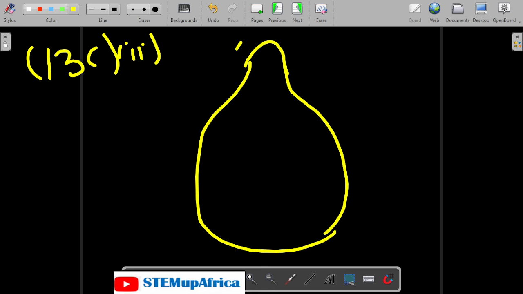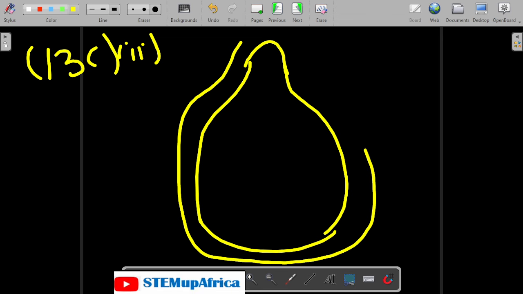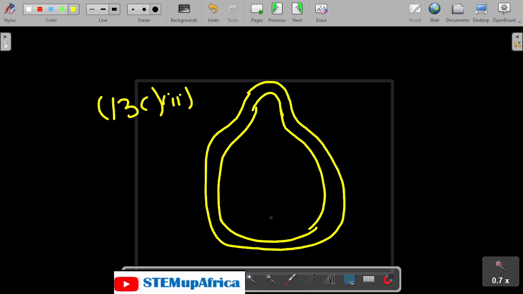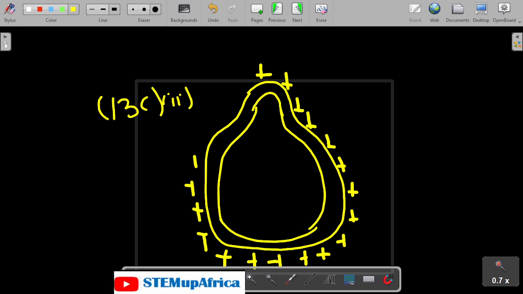We sharpen it like this. Okay, so let's say something like this. So we also have charges distributed around it. The inner part also has charges distributed.